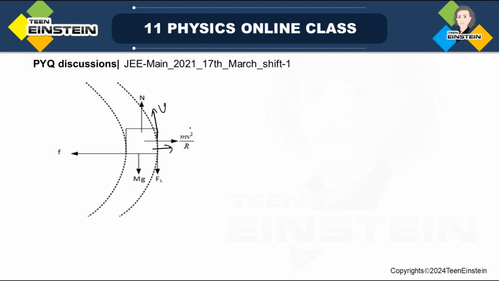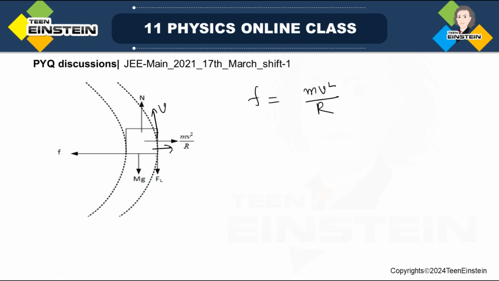To overcome that, there should be friction, and that friction will work towards the center. So I can write F is equal to mv square by r. In the whole process, when the car is on the track, its weight will be downward and N will be in the upward direction.